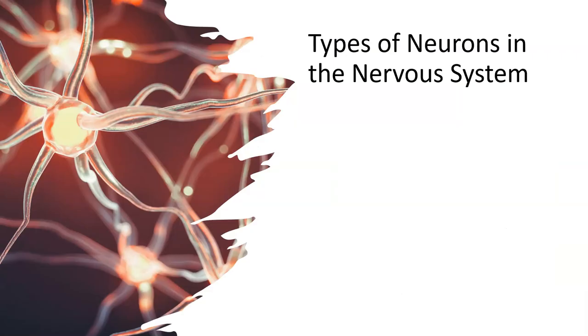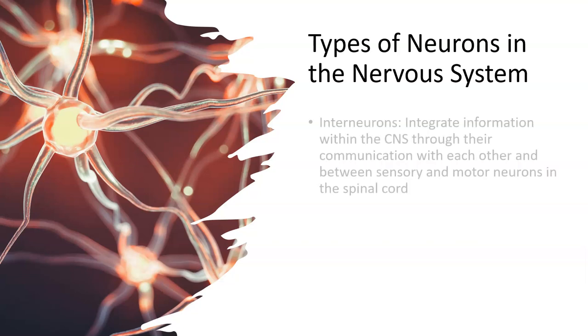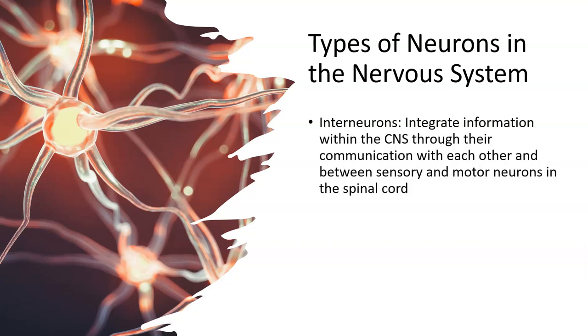There are a couple of broad types of neurons in the nervous system. There are lots of different types of neurons. Your authors are going to focus on two broad types. Interneurons have an integrative function within the central nervous system, and their job is to communicate with each other. So they're in the central nervous system.